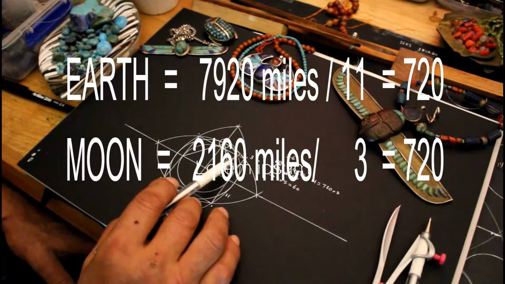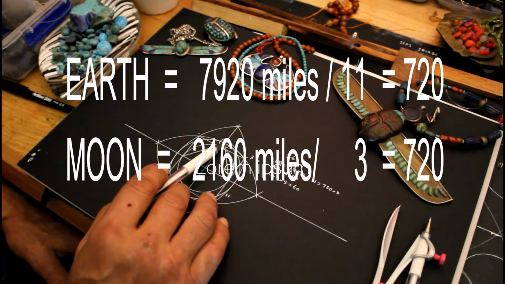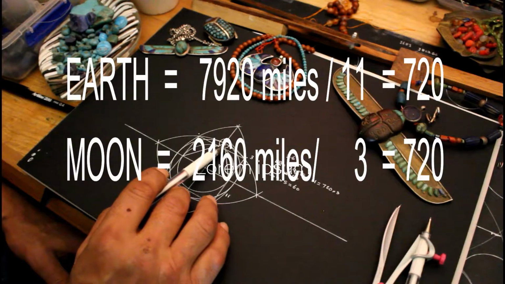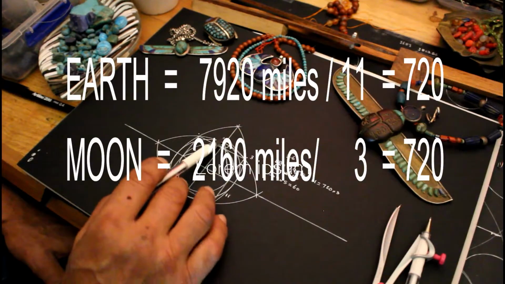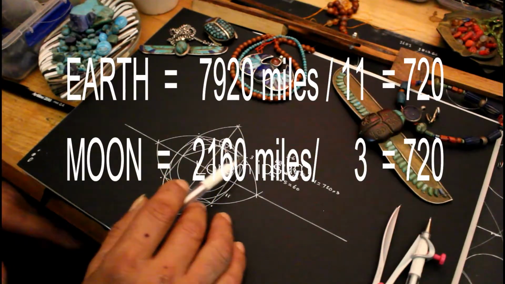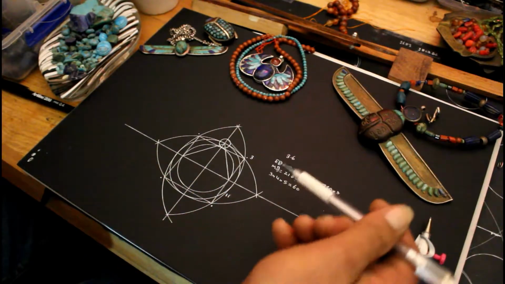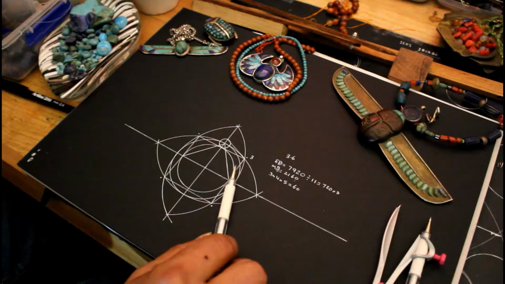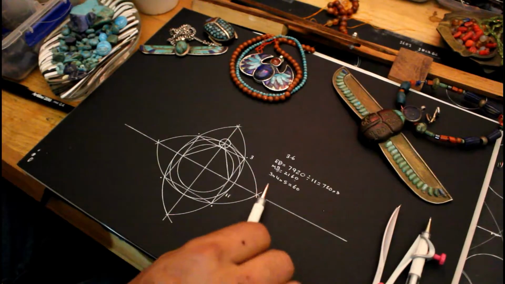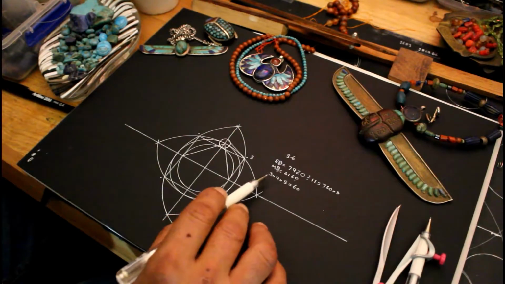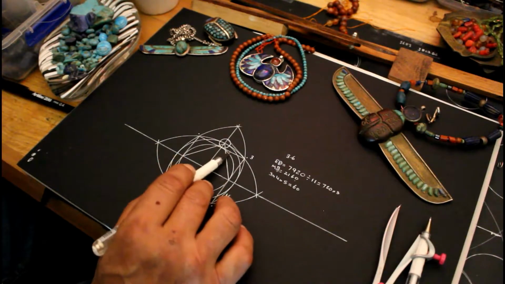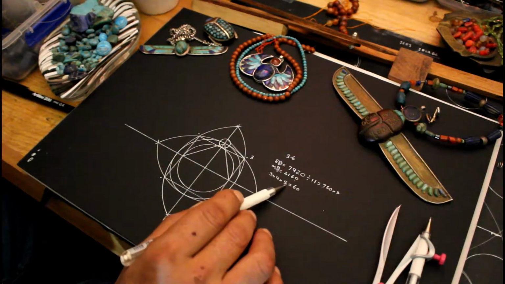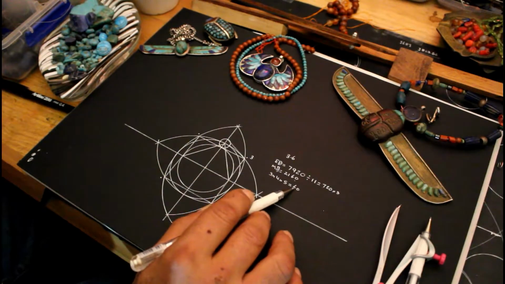So basically, the equations within this Pythagoras triangle we can transpose over here. So what we're going to do is just have a look at 3 times 4 times 5 equals 60.